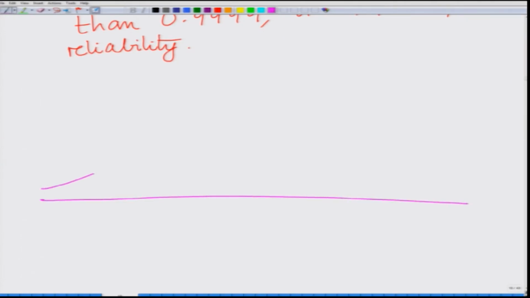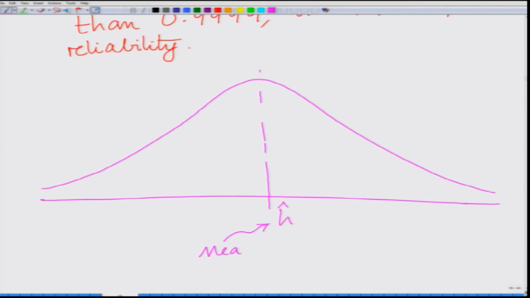And so, if you want to represent it pictorially, this is our posterior Gaussian distribution, and the mean of this posterior is h hat, correct. And therefore, what you can see is that if we consider a sigma by 2 radius around this, this is h hat plus sigma by 2, and this is h hat minus sigma by 2.